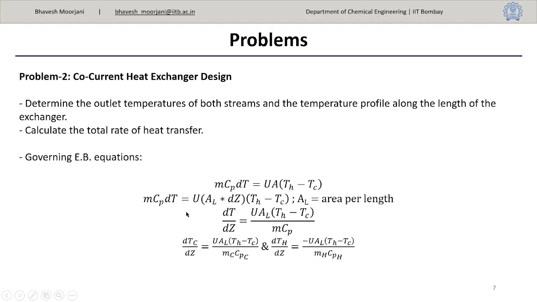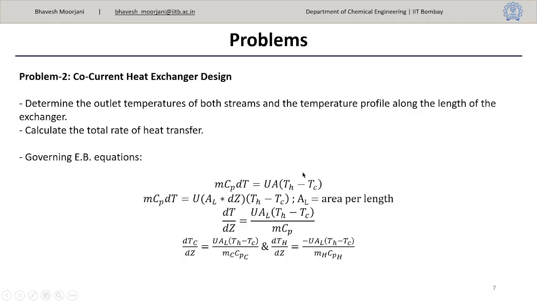Actually, instead of TH minus TC, you will have the LMTD, the overall driving force given by delta TLM for a heat exchanger problem.